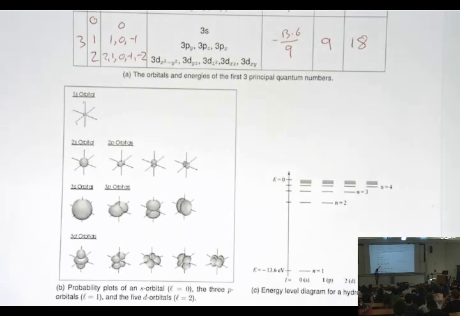Then for the 3p, we have the px, py, and pz that look like dumbbells. And for the 3ds, we have crazy stuff that looks like this, with all their nodes and angular dependence. So you've probably drawn most of these down. Say pajamas if you've ever drawn things like this. Okay, hopefully that was all of you.